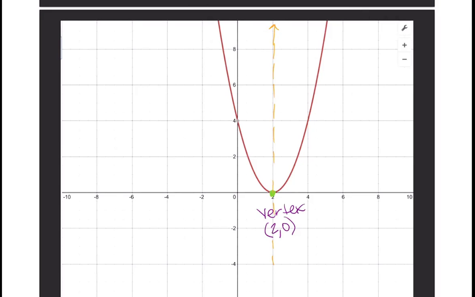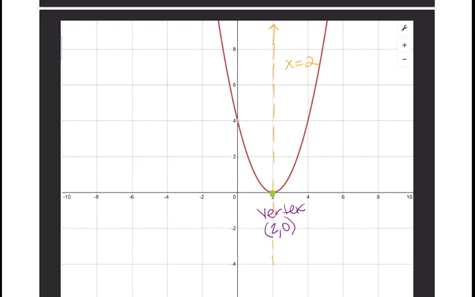So we need to figure out if this is going to be a y equals 2 or an x equals 2 line. It's going to be x equals 2, right? Here's the x-axis, and the line runs up and down.